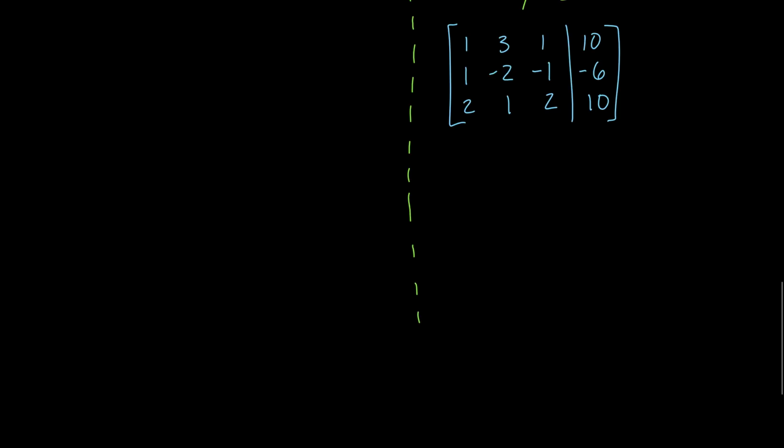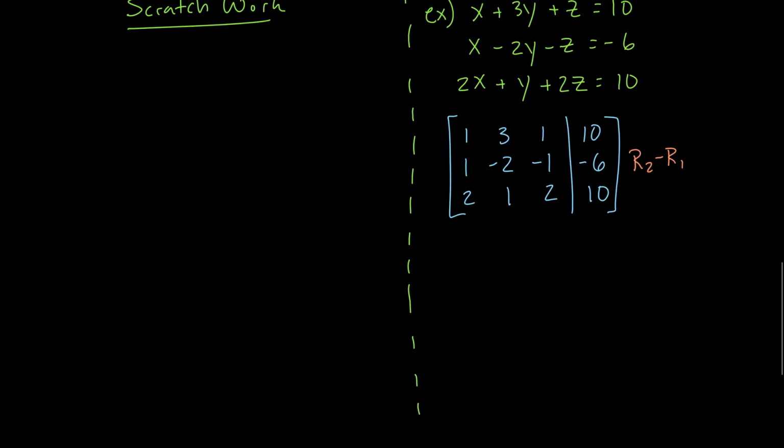Row 2 minus row 1. And then, how would I get this 2 to be a 0 below it? So, row 3 minus, what would get this to be a 2? 2 times row 1. So, row 3 minus 2 times row 1. We don't want to do minus 2 times row 2 because we're about to change that row.